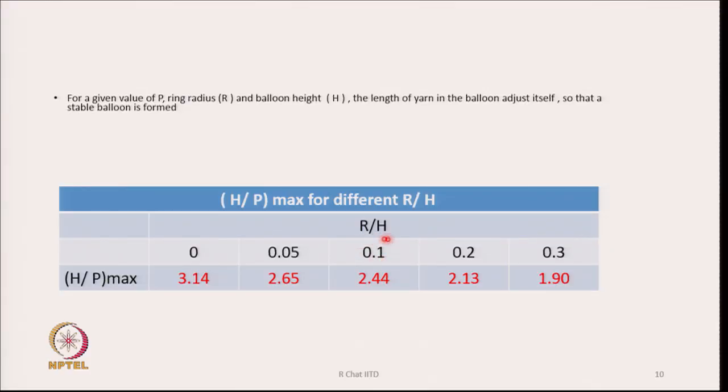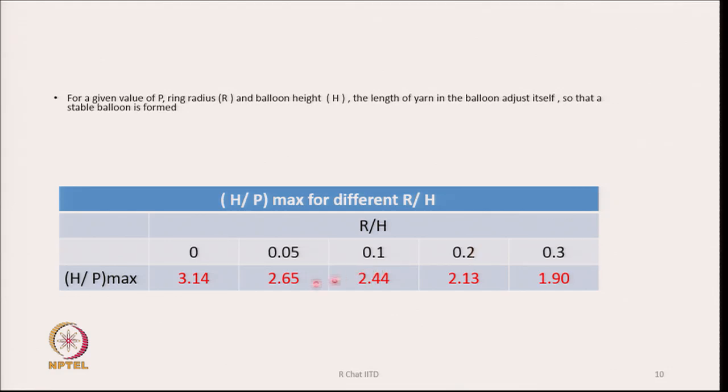So, these are different values of r by h. Typical values of r by h in most spinning situations are between 0.1 and 0.2. If we look at the R and H combination in a machine and take the ratio, we will find that in most machines it will be somewhere between 0.1 and 0.2. We will take an example and show it also.